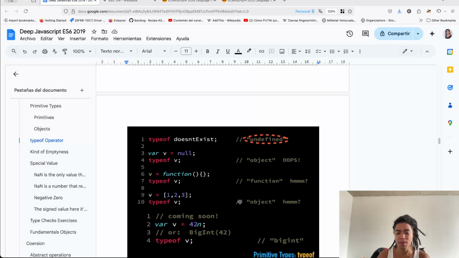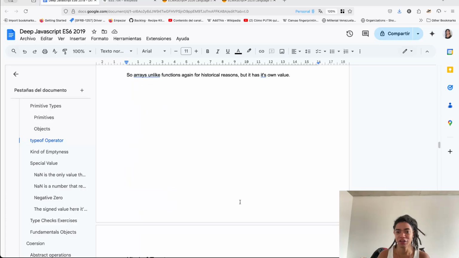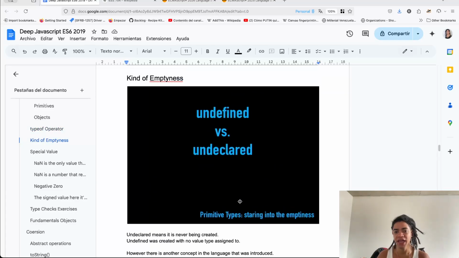So when we play with null or this kind of emptiness, there are the concepts of undefined, undeclared, and uninitialized. Undefined means you created the variable, but it doesn't have any value assigned.